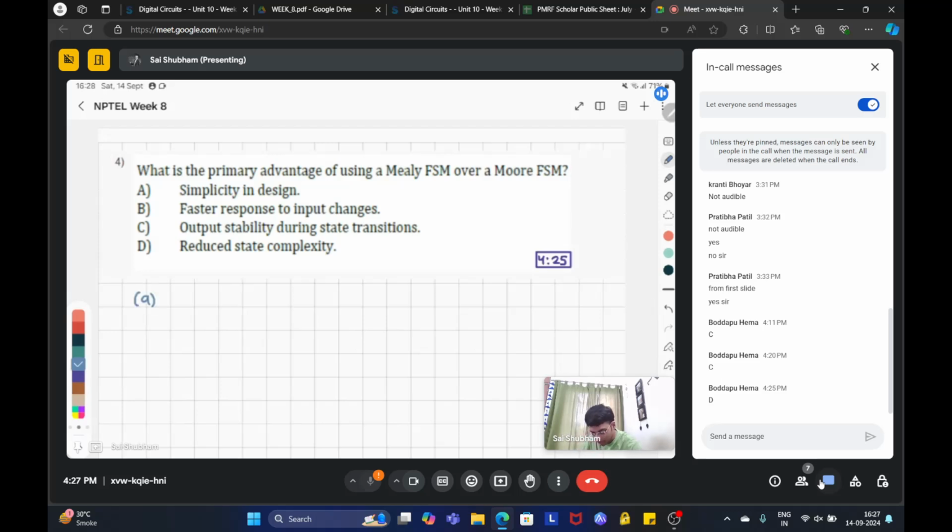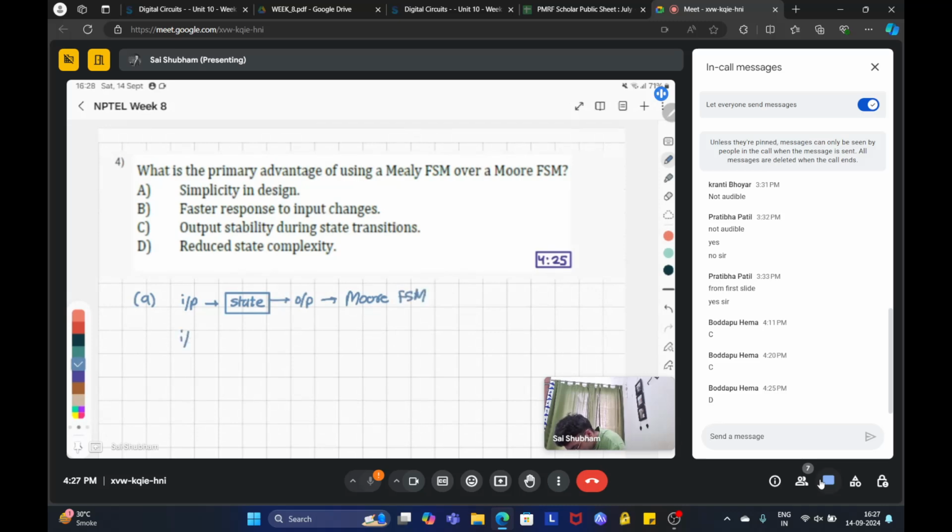So I do not think that the Mealy FSM is simple as compared to Moore FSM, because in Moore FSM, you have input that changes your states, and the change in state gives the output. This is your Moore FSM.